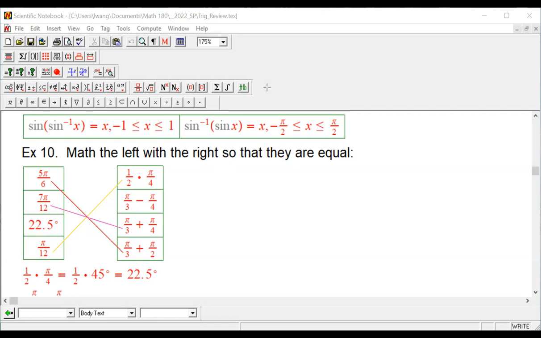Oh no, I made a mistake, sorry. The yellow one, okay. Purple, these two match. Okay, my bad. Almost made a mistake. And these two match.